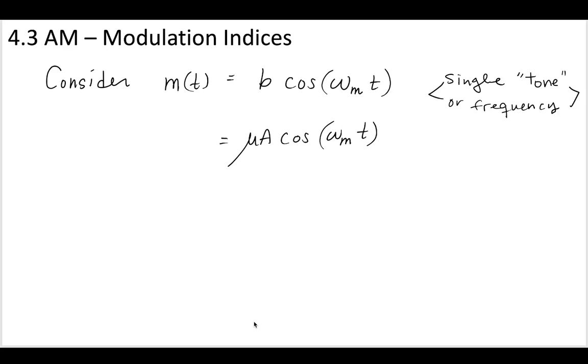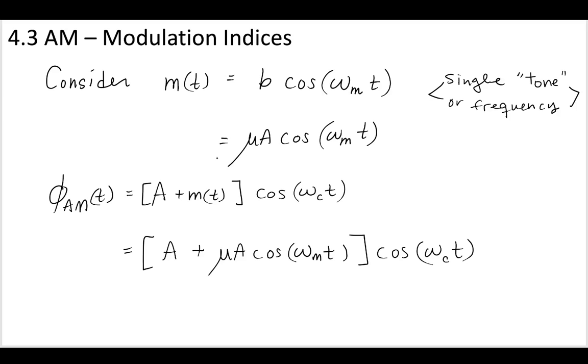So when we have done this, let's consider what the modulated signal will look like. For the AM case, we know that we are adding A plus our message. So our message has some extra A added to it, and it's being multiplied by a cosine wave with a carrier frequency omega c, which is the frequency that we're modulating with.